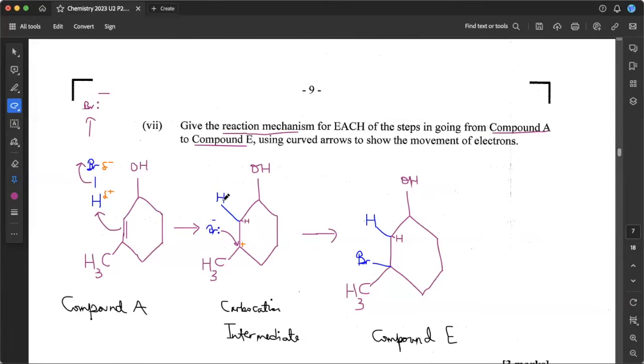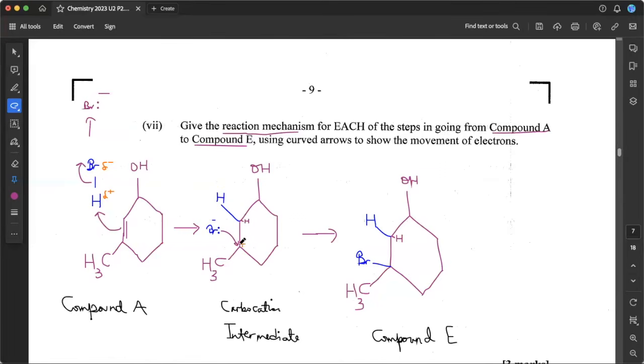So the H is going to add here. We have our bromide ion now that's negatively charged. And so the electrons from this bromide ion are going to come here towards this carbocation that was formed as a result of this double bond going away. So we had a carbocation here that was formed when the hydrogen bonded to this carbon.